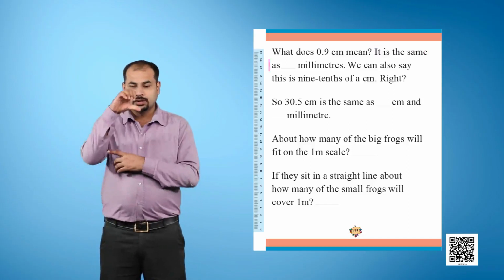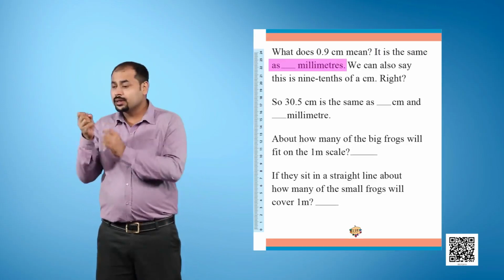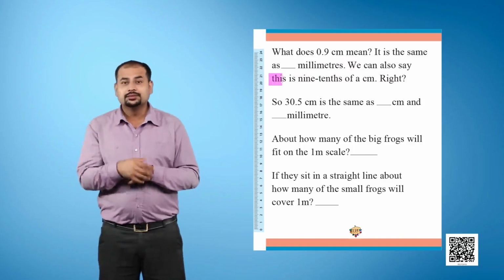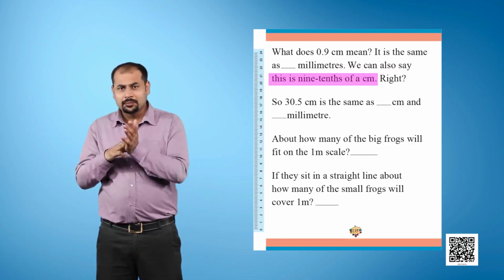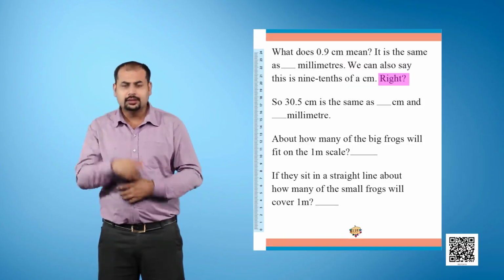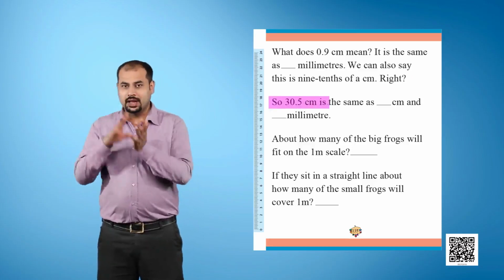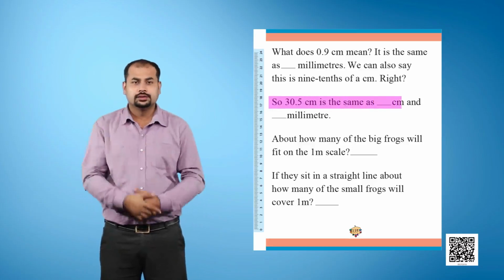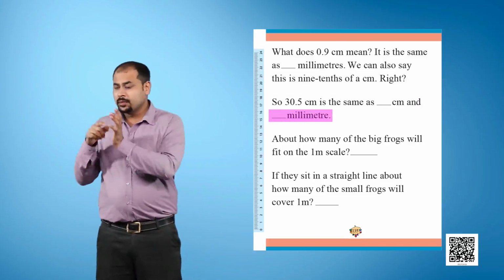It is the same as dash millimeters. We can also say this is 9/10 of a centimeter, right? So, 30.5 centimeters is the same as dash centimeters and dash millimeter.